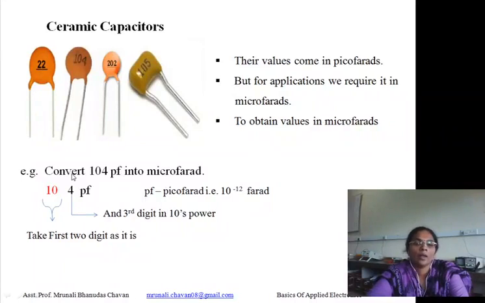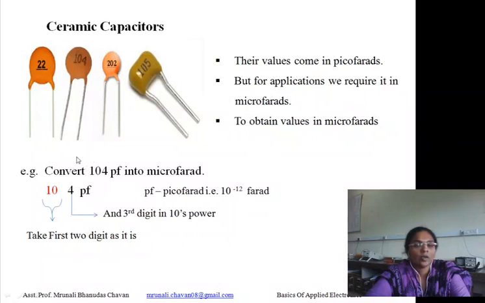So when we have to convert this value into microfarad or nanofarad, there are some steps we have to follow: if this is a 3-digit number, then take the first 2 digits as they are and the third one as a tens power.